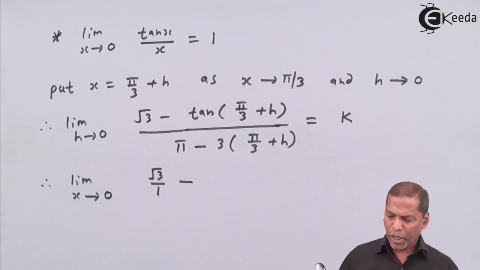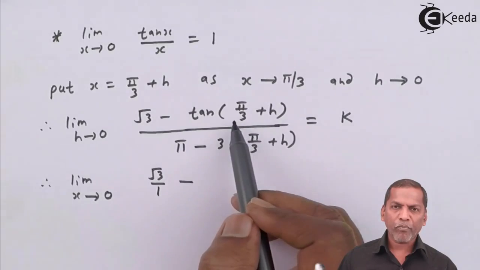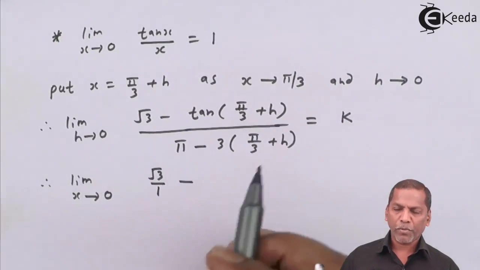So in the present case, A represents pi by 3 and B represents h.